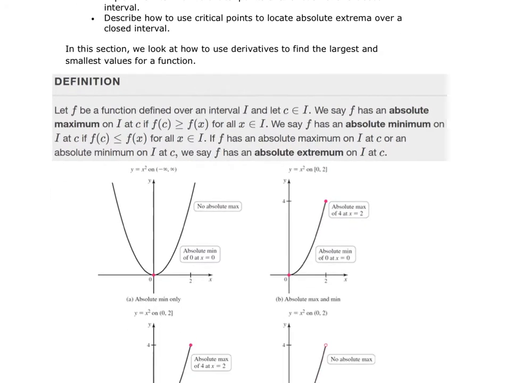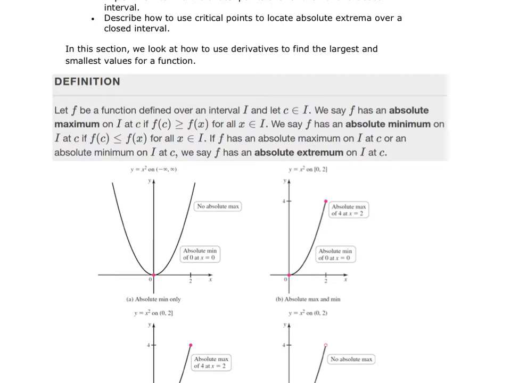When we talk about absolute maxima and absolute minima, that means we are looking for the highest or the lowest point. We are not guaranteed either one of them, but if we are on a closed interval, we will have one of them. We may even have two of them if we're on a closed interval.